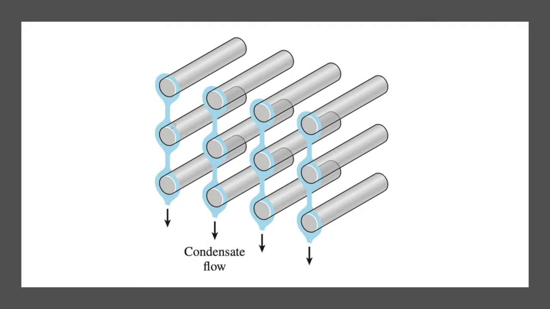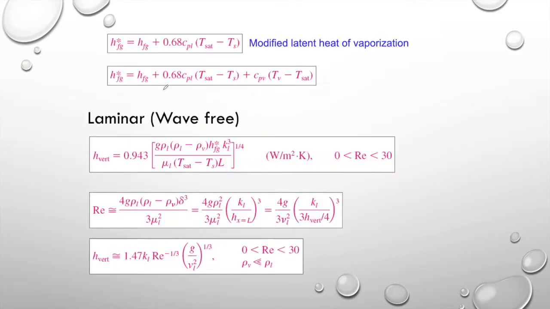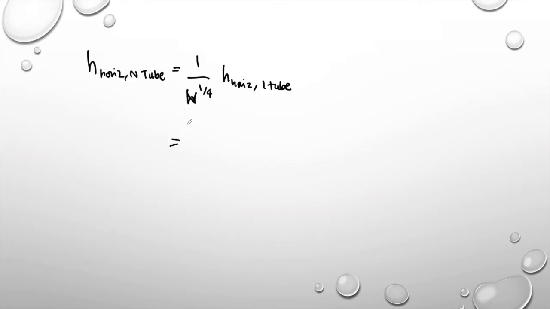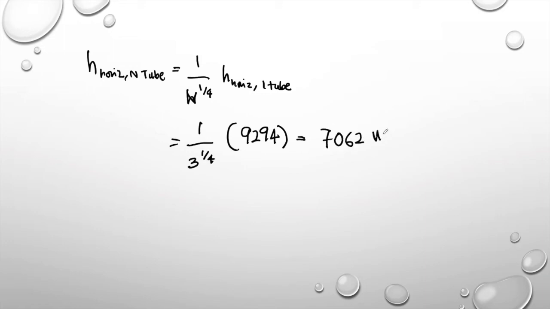So we have 1, 2, and 3, so 3 tubes in a row. Therefore that n value will be 3. So 1 over 3 to the power of 1 over 4. The h horizontal 1 tube is from example 18, where we have 9294. So now we get the h horizontal for n tubes is 7062 watt per meter square Kelvin. So that is our value for the h horizontal.